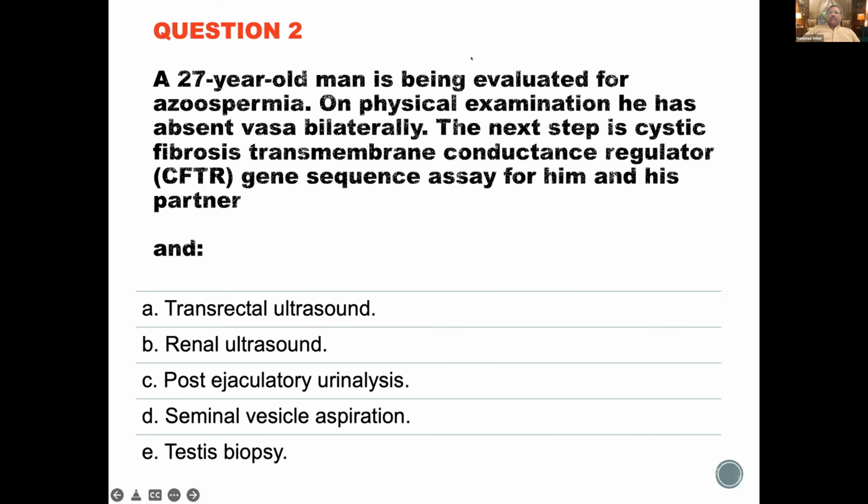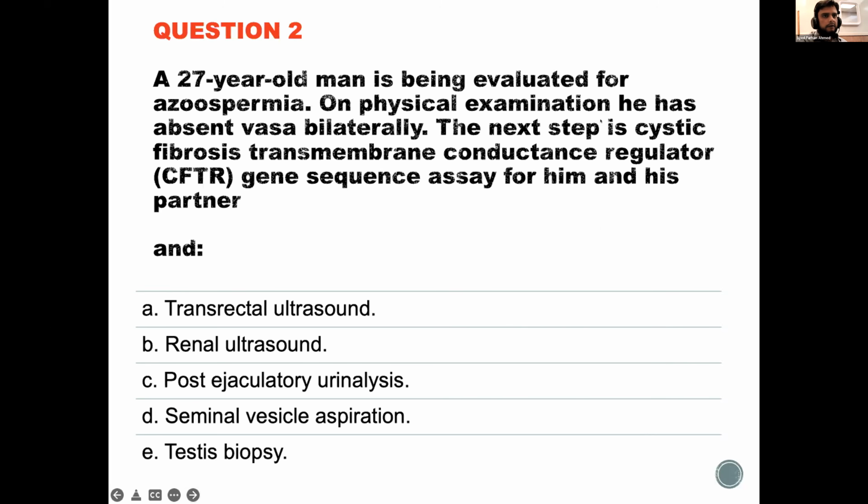Well, Farhan, you did talk about the CFTR gene sequence and the necessity in certain situations. Any comments on the answers by the participants? The majority have voted in favor of renal ultrasound. Some have voted in favor of testicular biopsy and transrectal ultrasound.